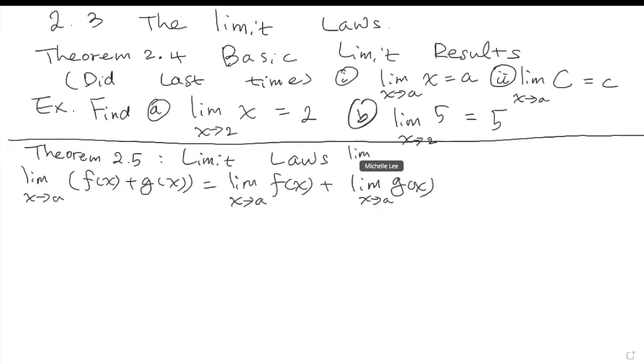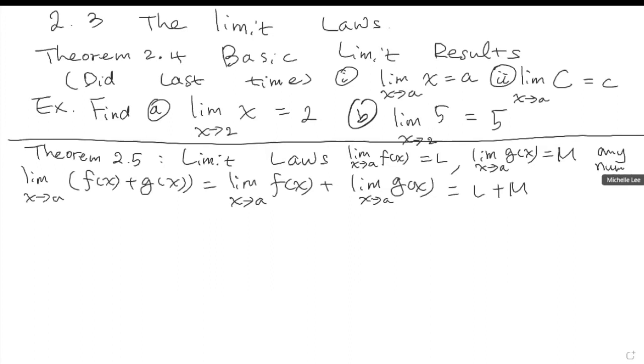The condition: limit as x approaches a of f of x exists and goes to L, and limit as x approaches a of g of x exists and goes to M. Then we get L plus M, any number for L and M. And let me do the same for subtraction here.